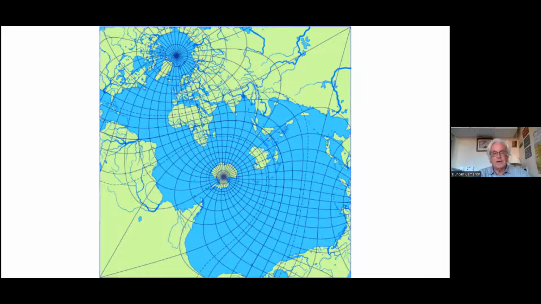But of course, there are major illogicalities about it, aren't there? Europe and Africa are presented to us almost as they are, with very little distortion, whereas South America is completely disemboweled and has a completely different sort of shape.